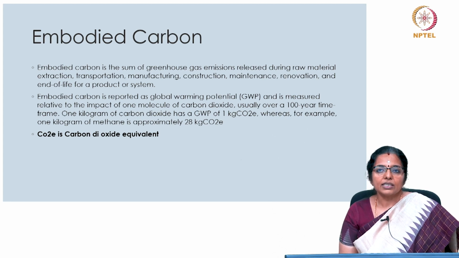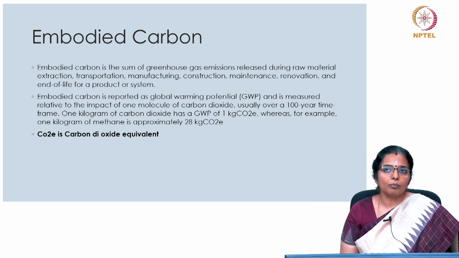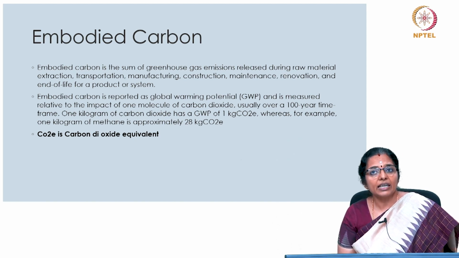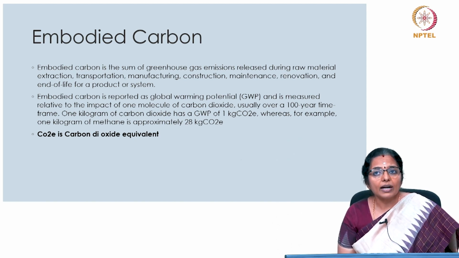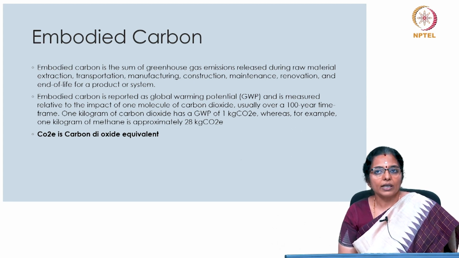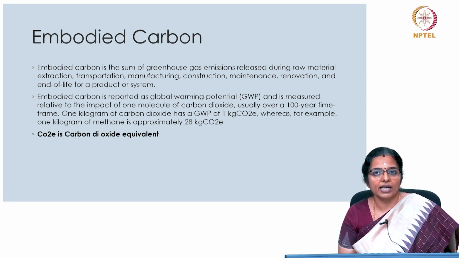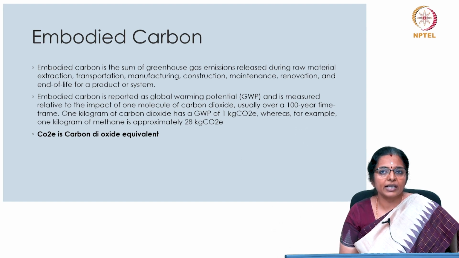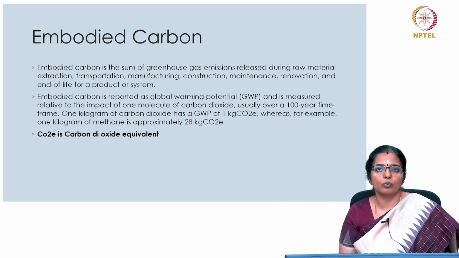Embodied carbon is reported as global warming potential, GWP, and is measured relative to the impact of one molecule of carbon dioxide, usually over a 100-year time frame. 1 kilogram of carbon dioxide has a global warming potential of 1 kg carbon dioxide equivalent, whereas, for example, 1 kilogram of methane is approximately 28 kg carbon dioxide equivalent.